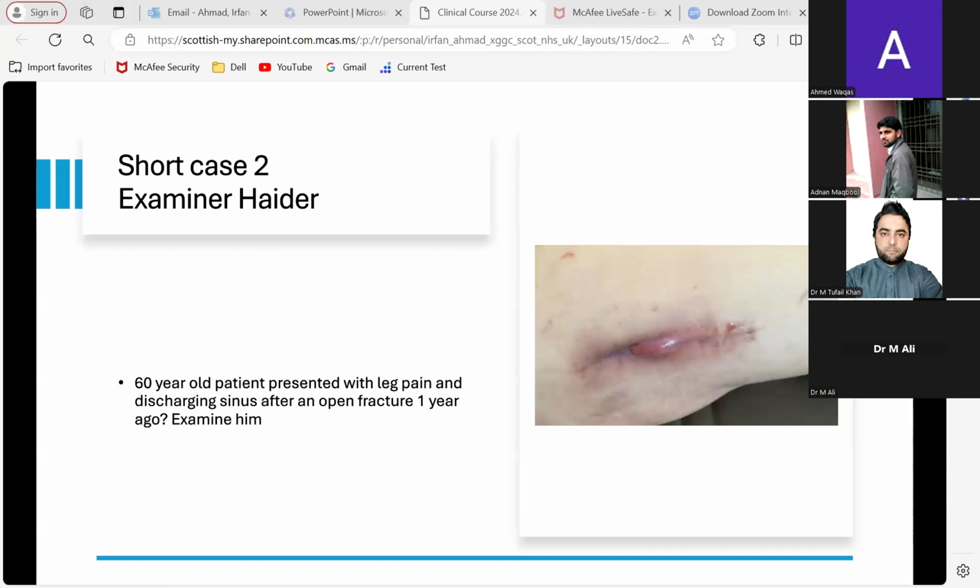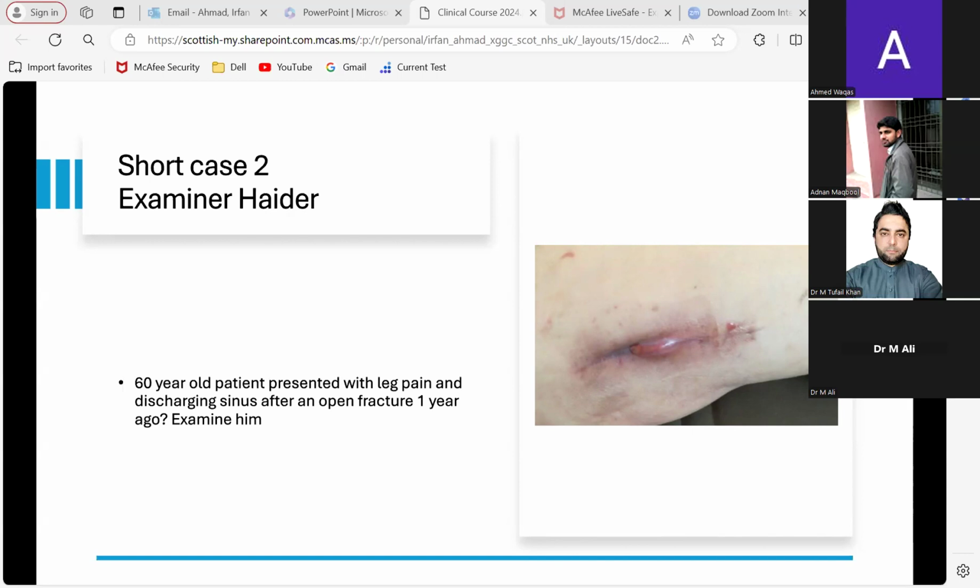Okay, sir, I can appreciate the linear scar of around 15 centimeters over the lateral aspect of the leg, where the proximal and the distal part of the scar is healed by primary intention. However, in the middle part, I can appreciate a small swelling, which is erythematous, and it has bulged out. However, there are no discharging sinuses and no venous prominences over the swelling.